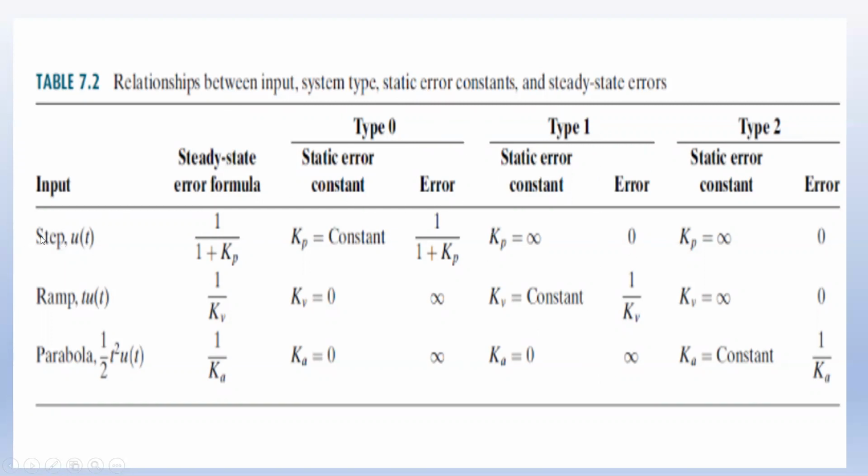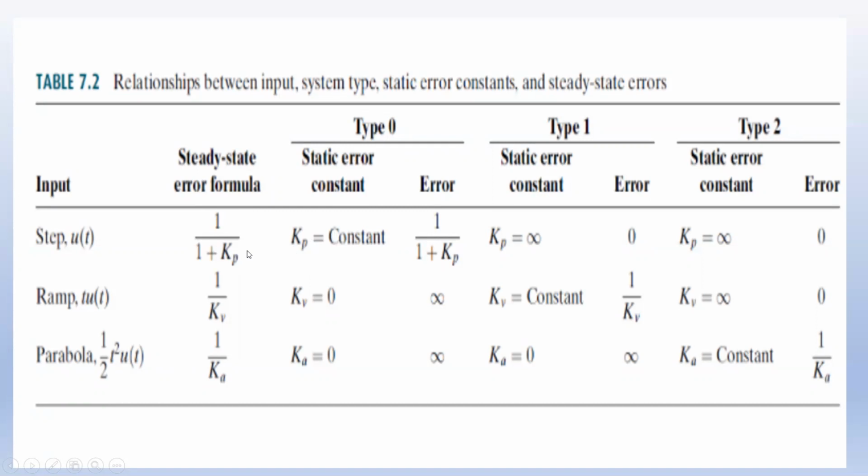If we have a step input and a type 0 system, then the steady state error becomes 1 by 1 plus Kp. For a type 0 system, Kp is a constant, so the steady state error becomes a constant value.